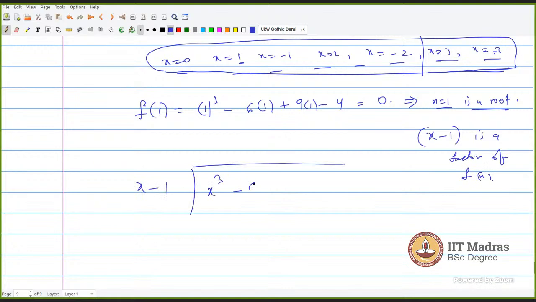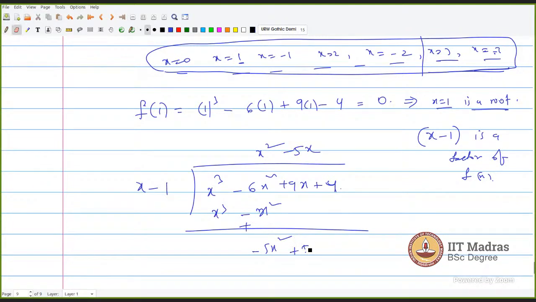I know how to perform this division algorithm. As usual, x square minus 5x square. Sir, for the second function, we need to change the sign each time, like if it is minus, we need to change it to plus.